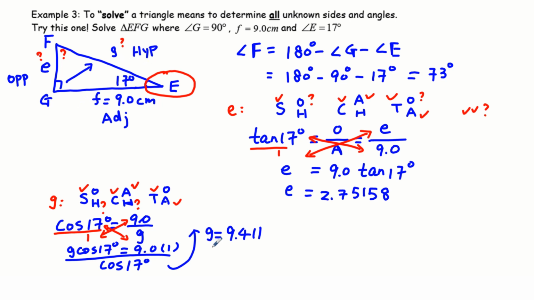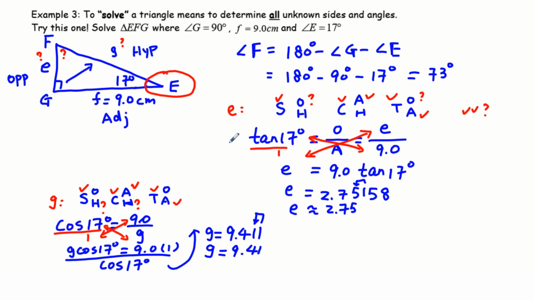If we round it to two decimal places, it will be 9.41, because the next digit after the second decimal is 1, which is less than 5, so we round down. And this one, if we round it to two decimal places, it will be 2.75. The next digit is 1, so we round down.